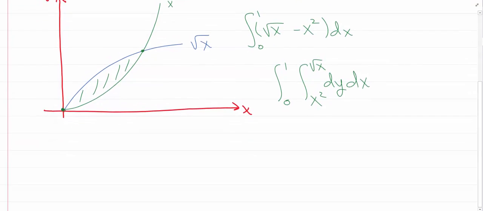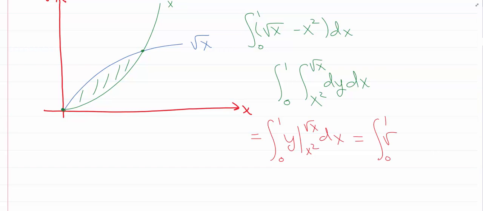So dig what happens now. If I do this, I'm going to have the integral from 0 to 1, and then this one is just going to be y evaluated from x squared to the square root of x, dx. Well, if I plug that in, I'm going to get the integral from 0 to 1 of the square root of x minus x squared dx.